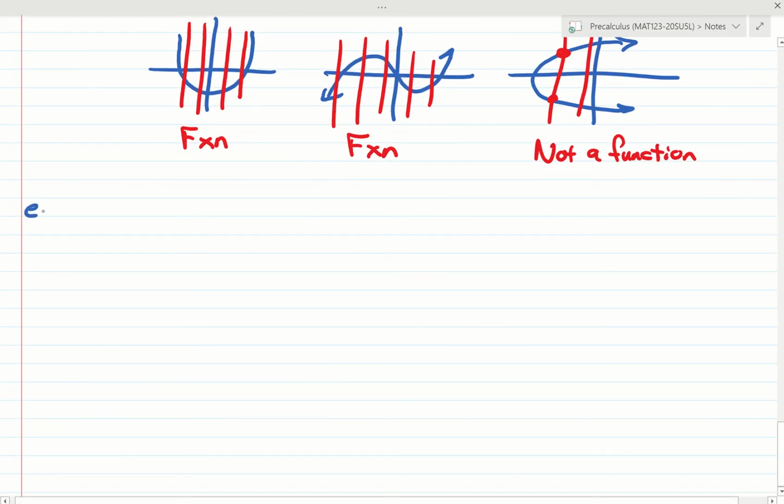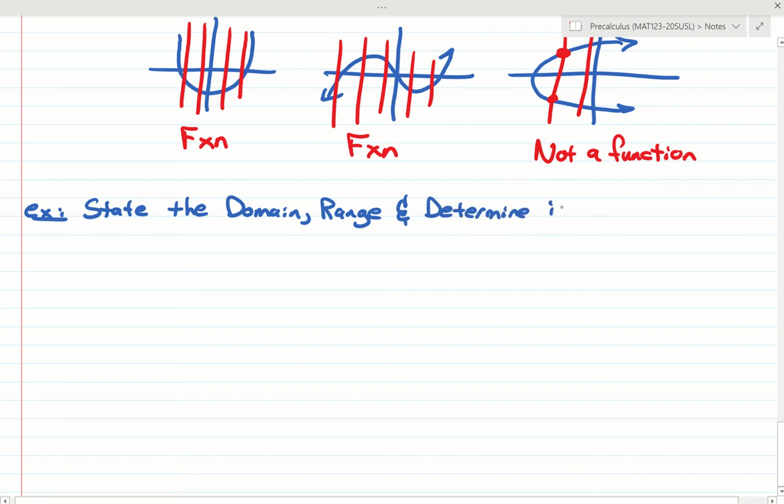Okay, so now let's move on and let's state the domain, range, and determine if it's a function.